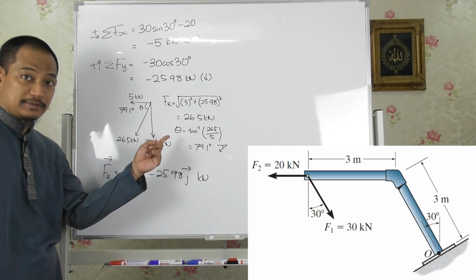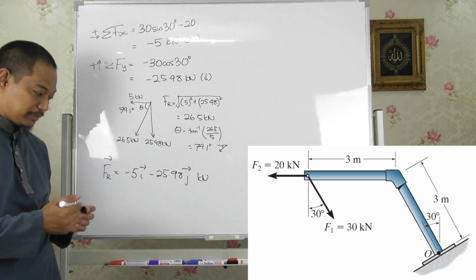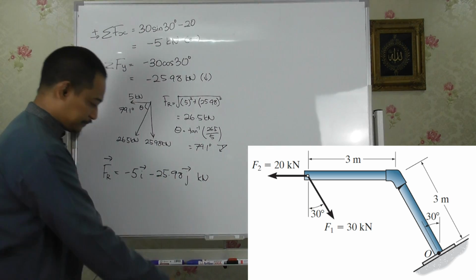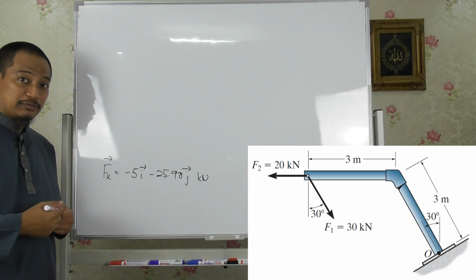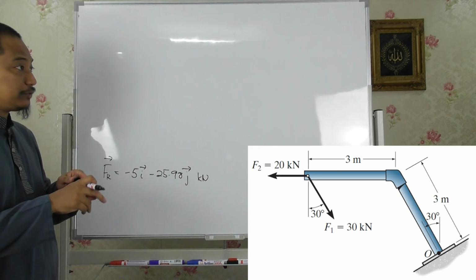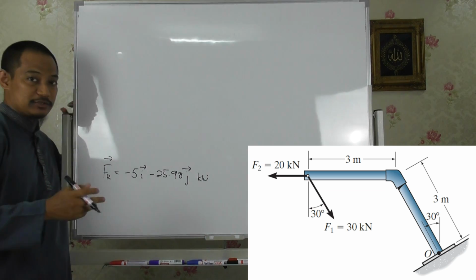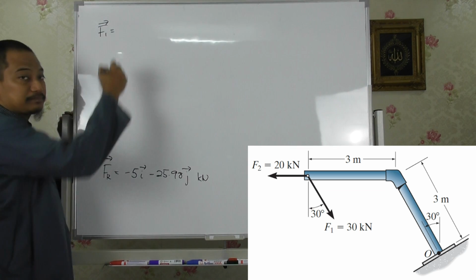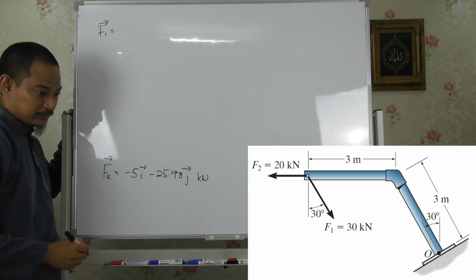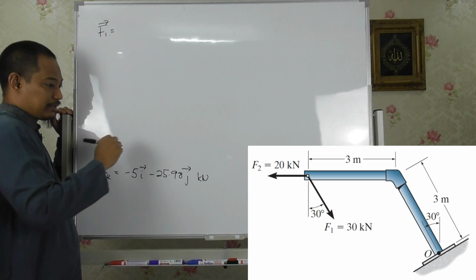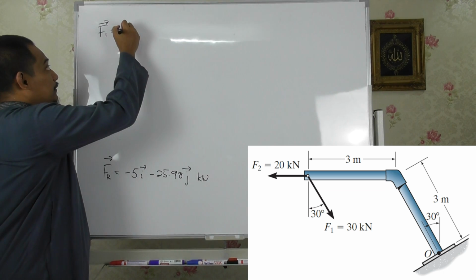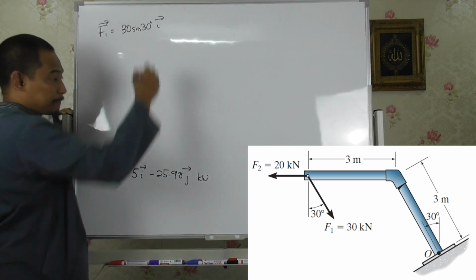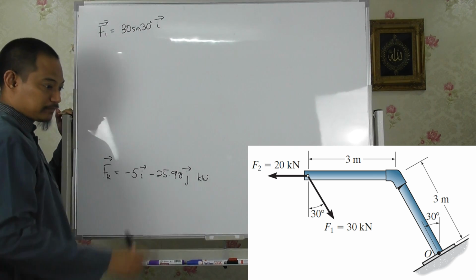This is scalar analysis. What if you want to start from the beginning with a vector analysis, right? So I leave the answer here. If you start from the beginning with a vector, so you will normally specify or express each force in Cartesian vector form. So for example, F1 in vector. Is there any glaring? Hopefully not. So for F1, you will have X component is 30 sine 30 I, right?